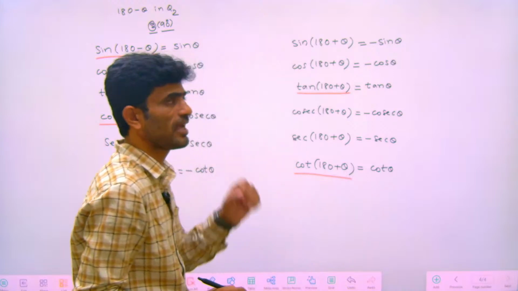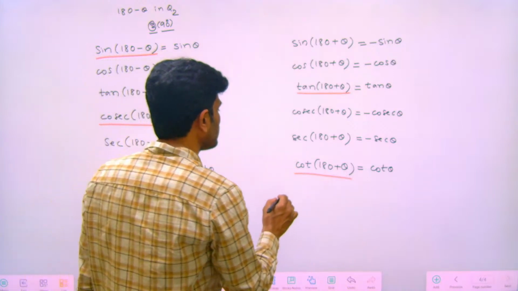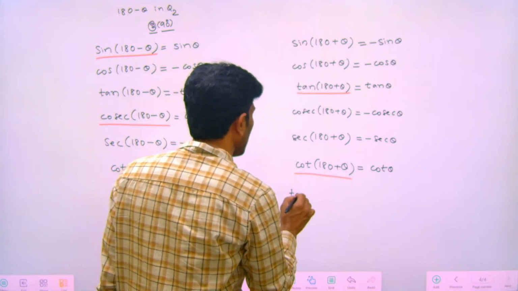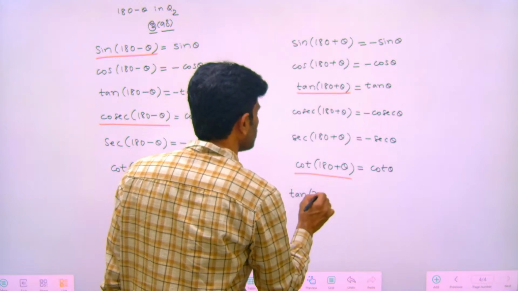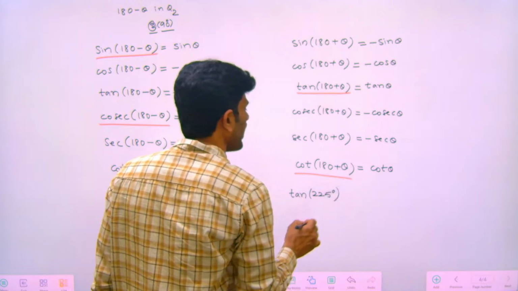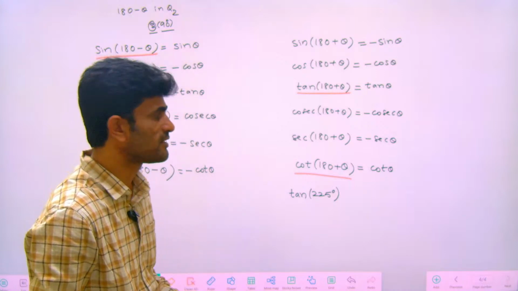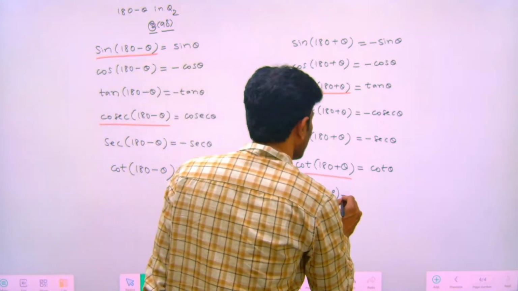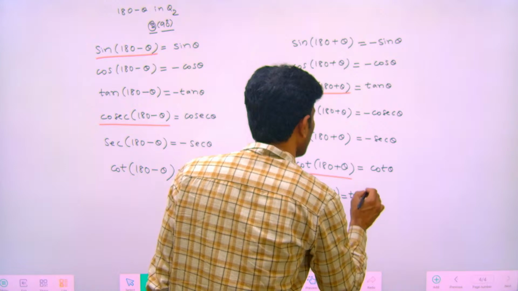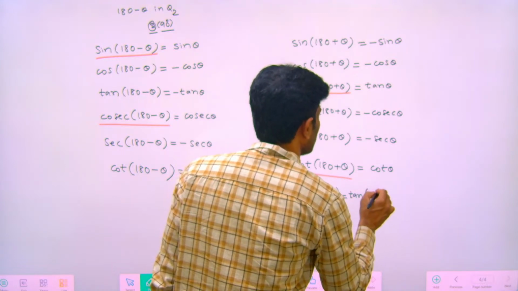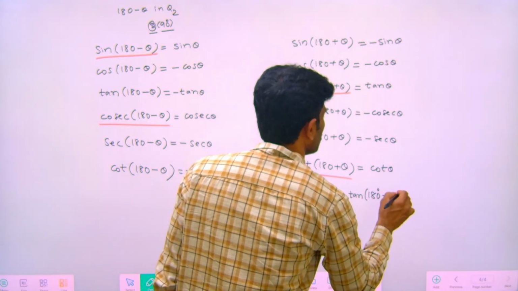I will tell you one example of how it will be useful. For example, you have tan 225 degrees. We have to find the value of tan 225 degrees. How can we write it? We can write it as tan of 180 degrees plus 45 degrees.